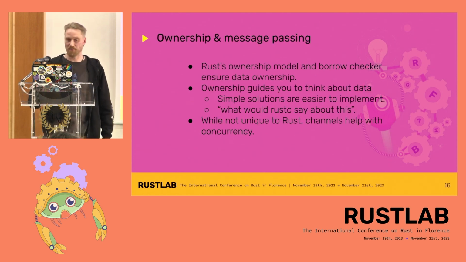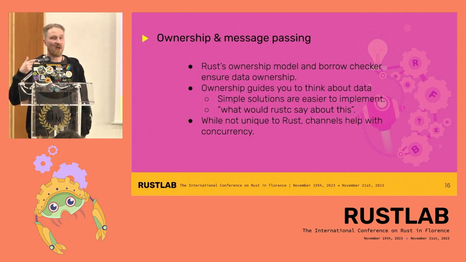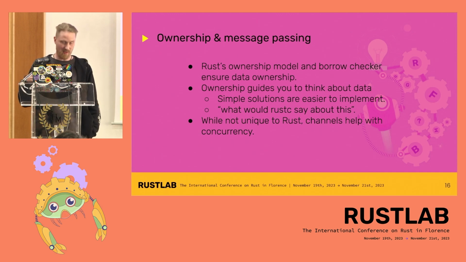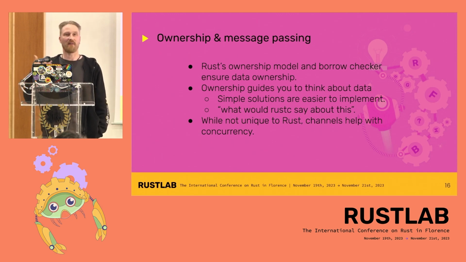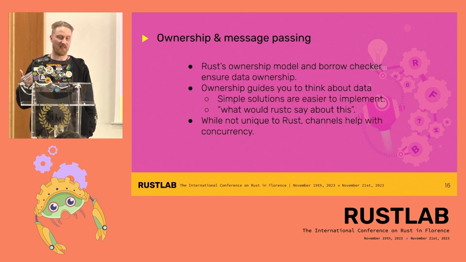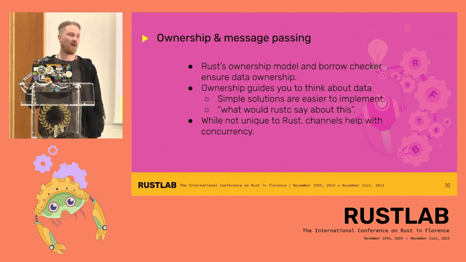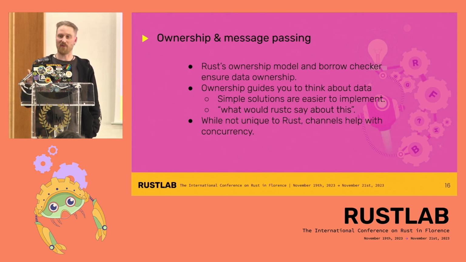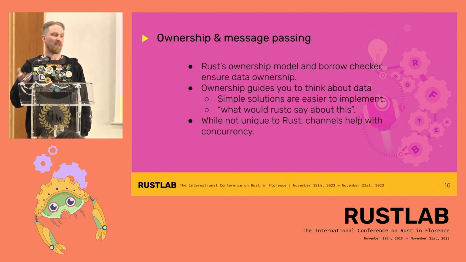And in my opinion, one of the best things that Rust gave me, especially when working with data like this in this type of environment, is Rust's ownership model and the borrow checker. They kind of provide you these guardrails so that you cannot do stupid things with the data. You cannot have references which outlive the actual data.